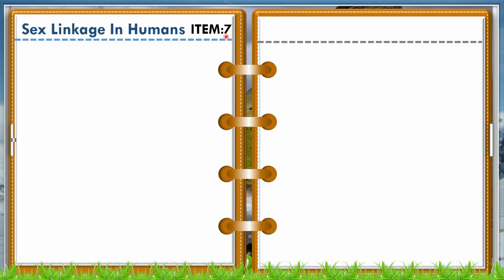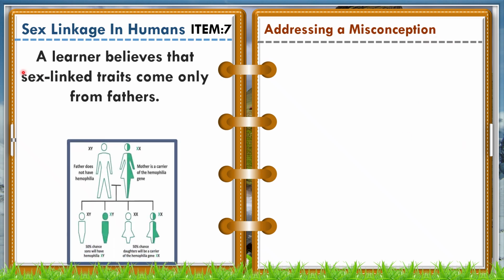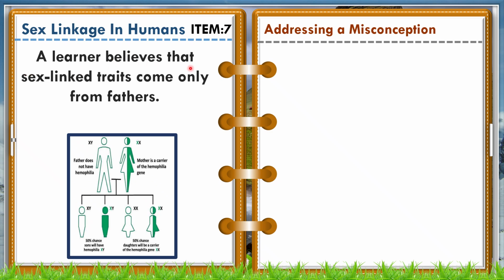Item 7. We are still on sex linkage in humans. This time we are addressing a misconception. Alana believes that sex-linked traits come only from fathers.